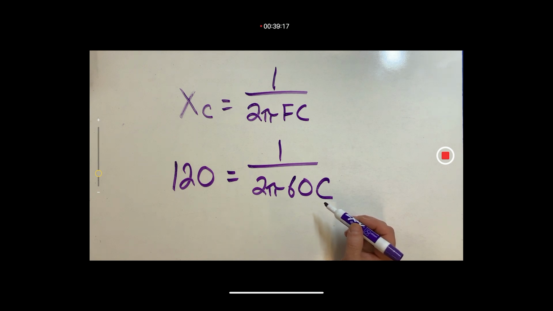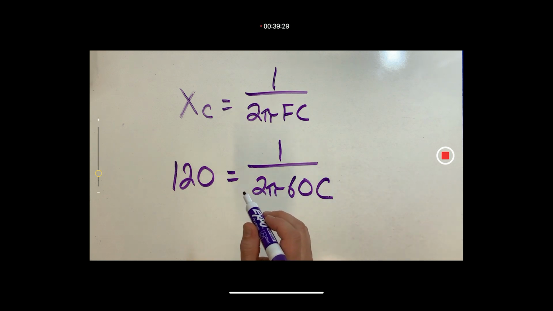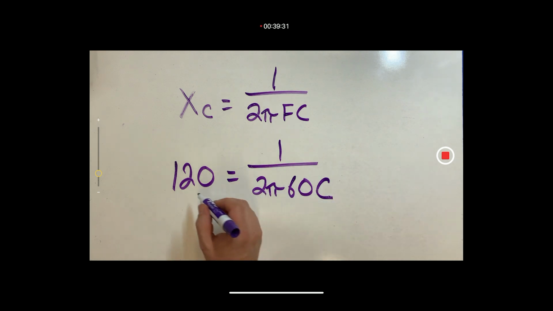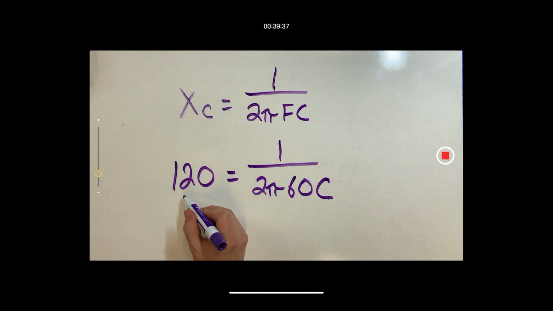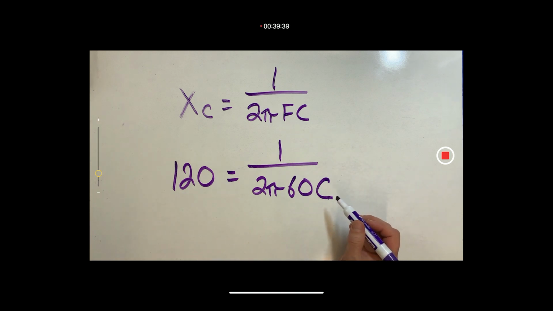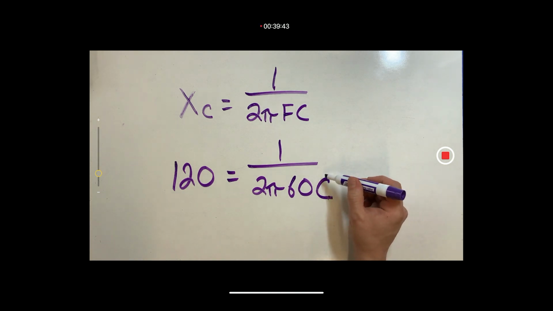But because the capacitance is on the denominator, we can swap the capacitance for the capacitive reactance. Now, how that's done algebraically is because this is a divided by.